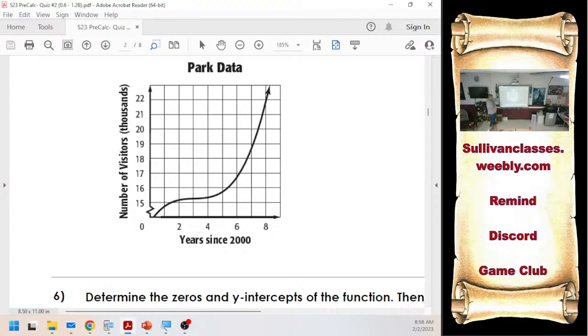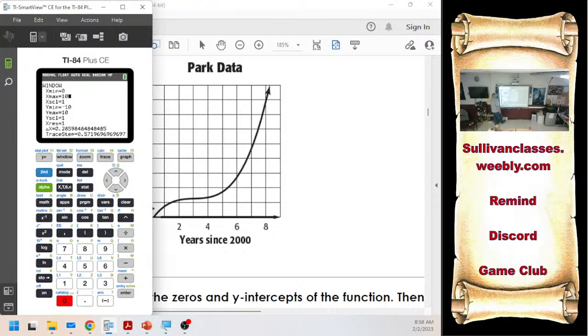Oh, do they go from 0 to 23? Y'all remember that little lightning bolt break in the graph? What's that mean? It's a jump. Okay, instead, I'm going to go from 15 upward. So if they're going by ones, I'm actually going to go to 14 because then it'll kind of match the graph a little bit better. 14 up to 23 going by ones.